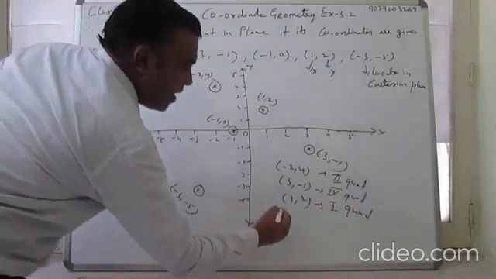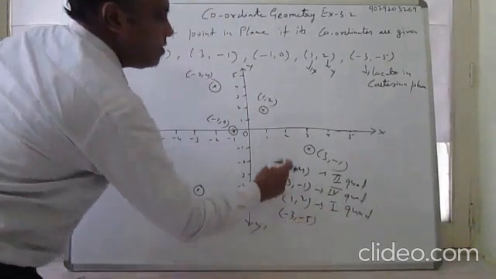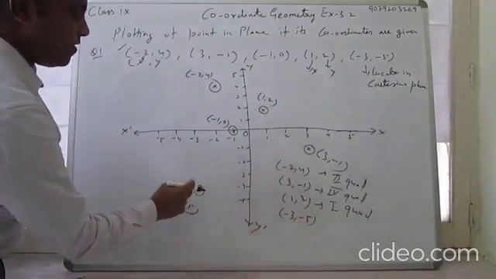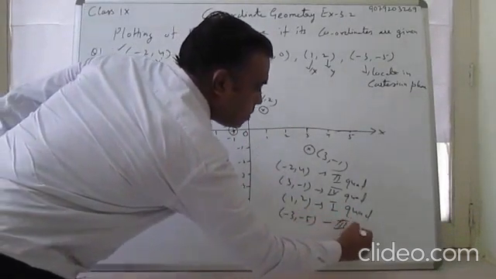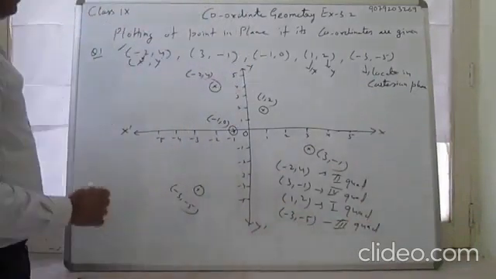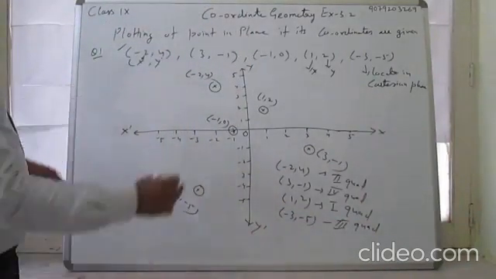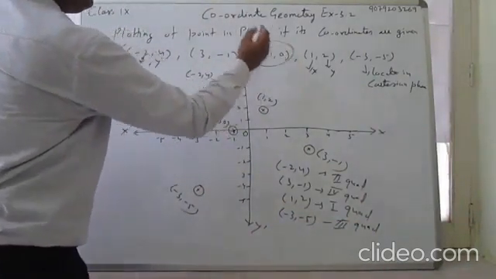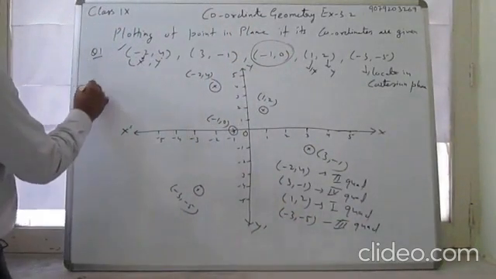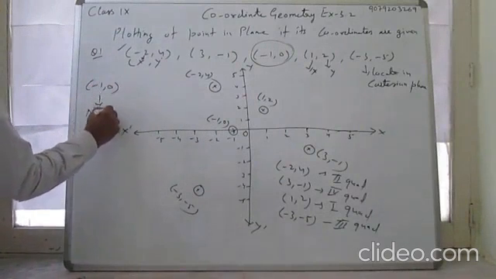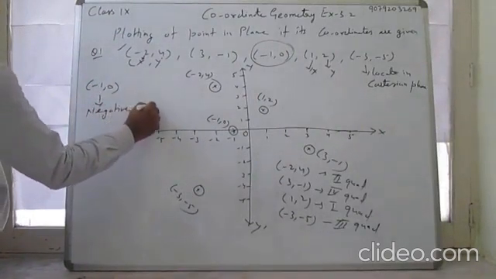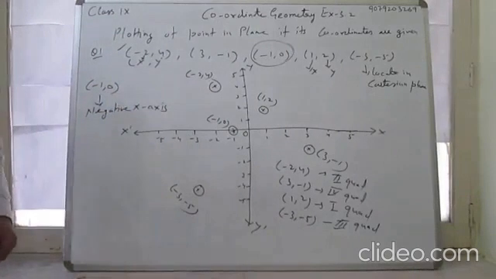Minus 3, minus 5 is in the third quadrant. And what is this? This is minus 1, 0, which is on the negative x-axis.